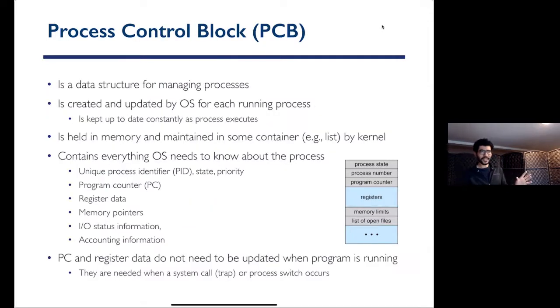For each process, the operating system needs to store some information, some metadata, as always. First of all, where? Operating systems keep track of processes in memory. They create these process control blocks, PCBs, to keep track of processes and have some information about them.